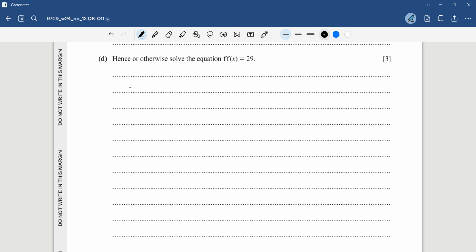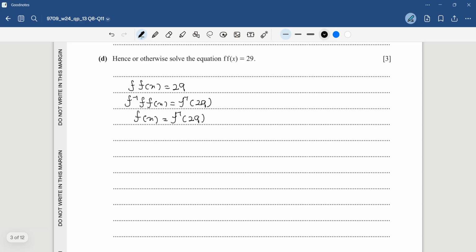So from here I can say ff(x) equals 29. I apply f inverse, so f inverse of f f(x) equals f inverse of 29, which means f(x) will be x. So it's going to be f(x) equals f inverse of 29.